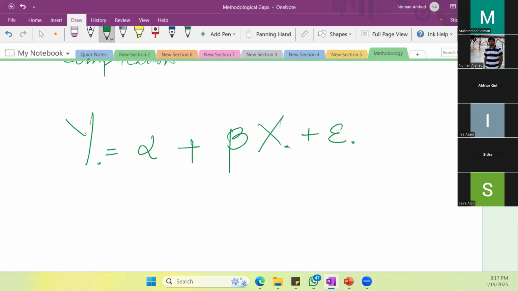So my question is, if you see this equation, what do you see here? Means what is the input and what is the output? What are the things that are in your control and what are not? Yes, anyone? X is the input, Y is the output, and the error term.